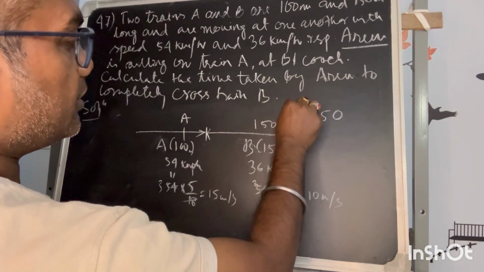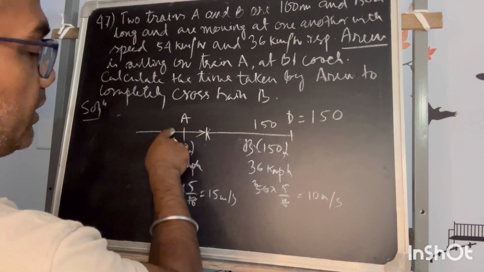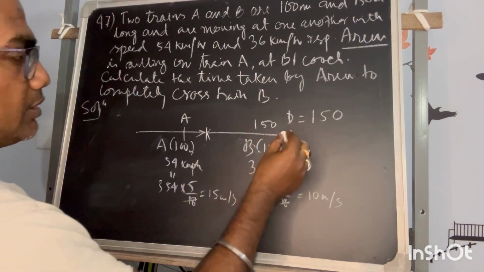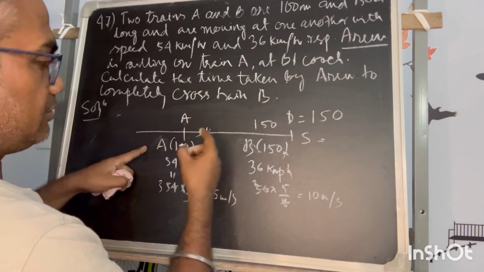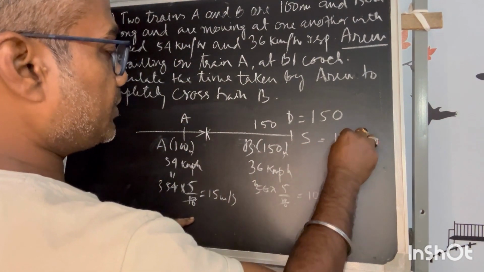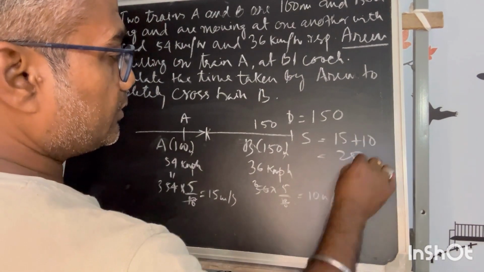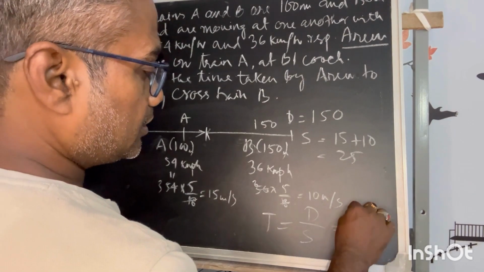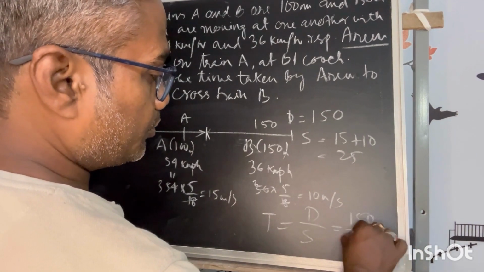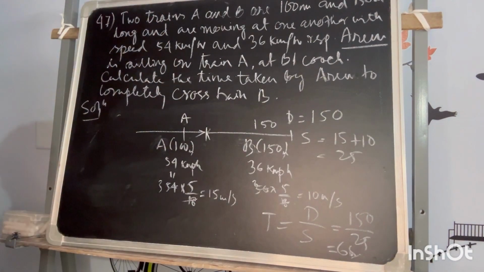So for him the distance is only the length of the other train, where he is not sitting, and the speed is the sum of the speeds of the trains: 15 plus 10, that is 25. So time is equal to distance by speed, that is 150 upon 25, which is 6 seconds. So this is the answer.